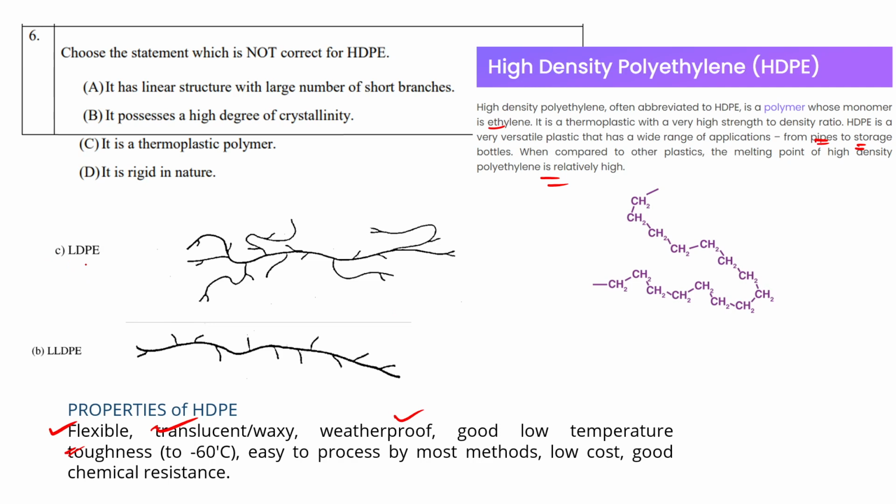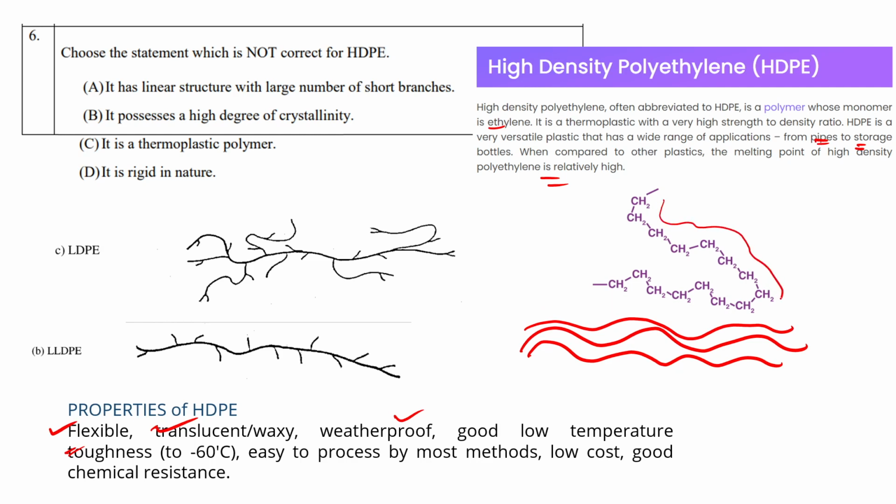Now for low density polymers, a lot of branching is there. So here you are seeing this kind of polymer. In the linear case, the density can be higher because the chains can be closer to each other like this. But when we have so much branching happening this way, two polymer chains cannot come very close to each other because of this highly branched structure.